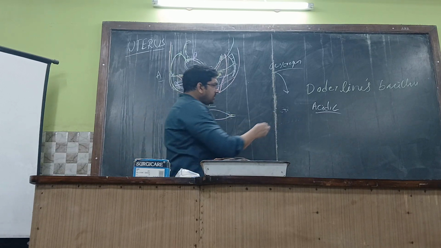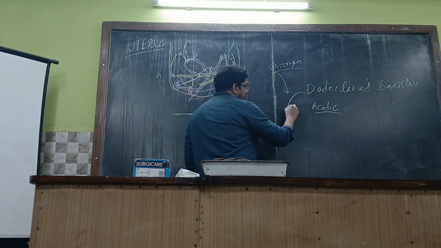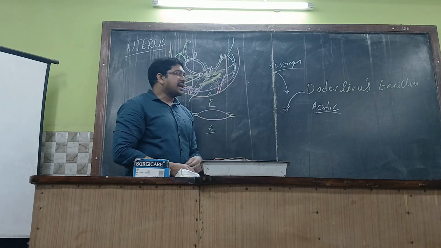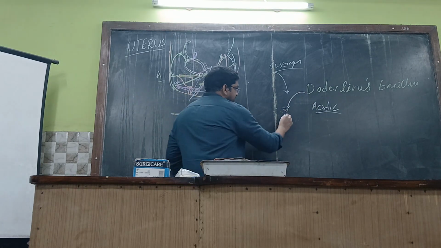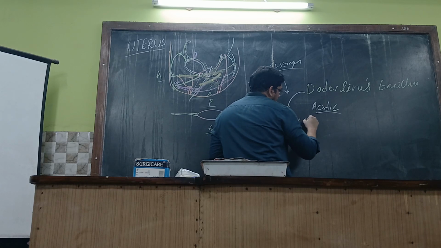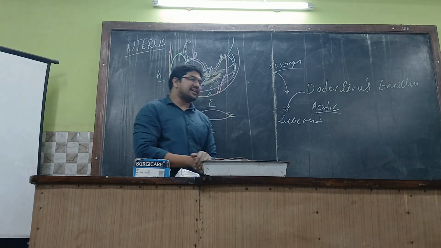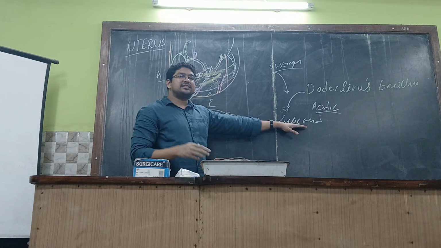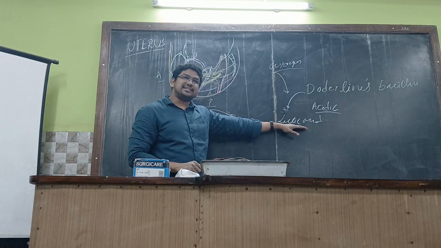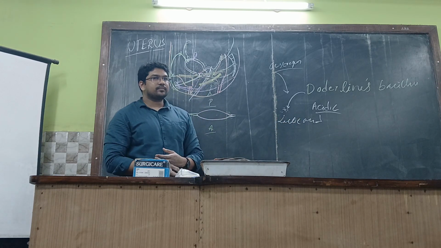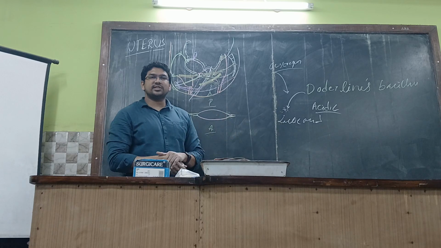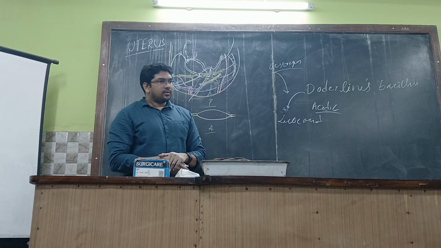Getting it? So this glycogen will be acted upon by the Doderlein's bacillus and converted into lactic acid. This lactic acid maintains the vaginal acidity. Why must the acidity be maintained in the vagina? To prevent infection. Absolutely.